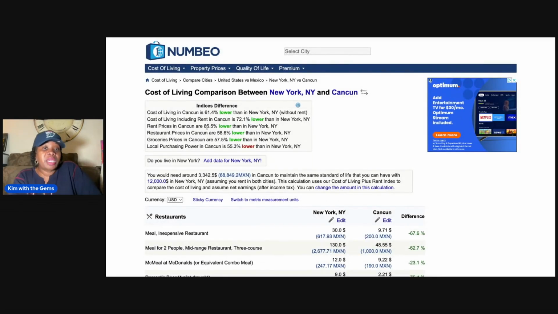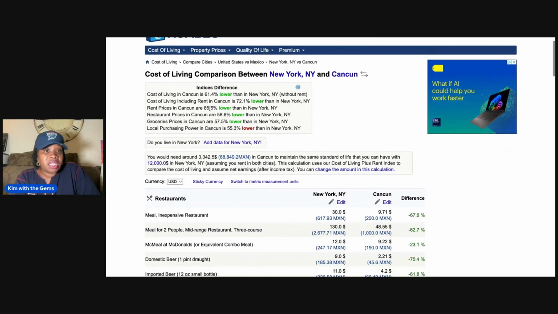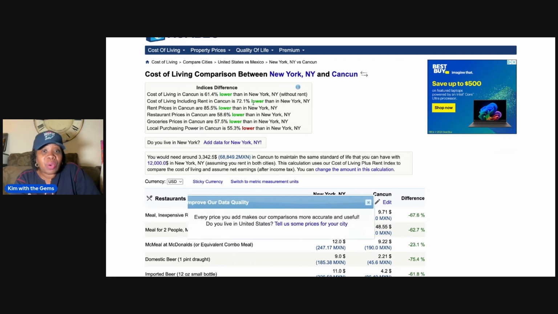Okay, so let's read what it says. Cost of living comparison between New York and Cancun. Cancun is 61.4% lower than New York without rent. Cost of living including rent in Cancun is 72.1% lower than in New York.